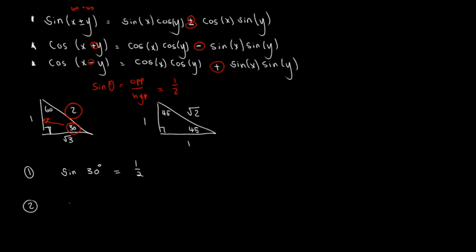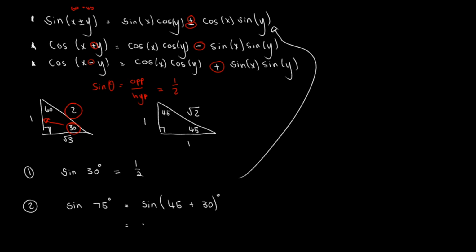What about if they give us the sine of 75? Well, how do we find this one now? The sine of 75 I can rewrite as sine of 45 plus 30. Now we're going to use our identity, this one, because look at that, x plus y is equal to my value given.